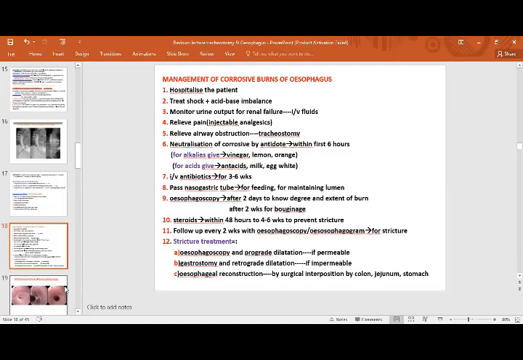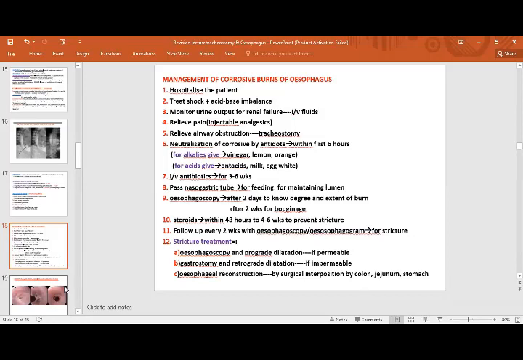So what is the management? Immediately hospitalize the patient. Patients who have taken corrosives need lifetime follow-up in hospital. In the immediate management, we treat shock and monitor urine output, because these patients can easily go into renal failure.